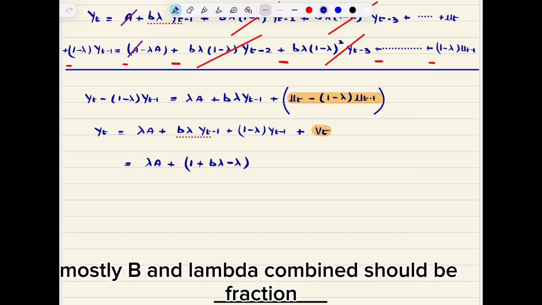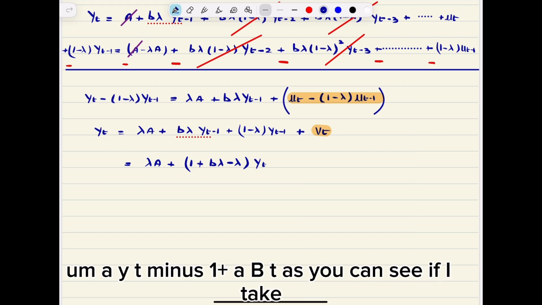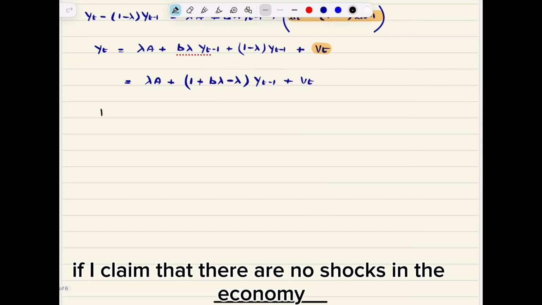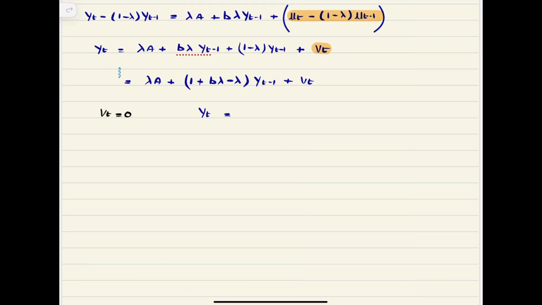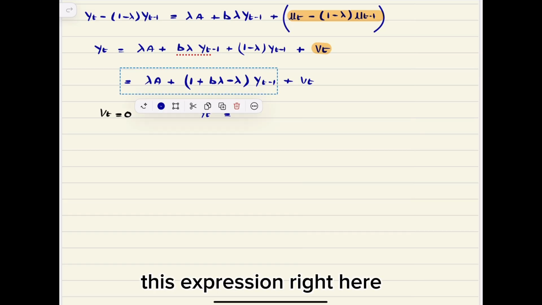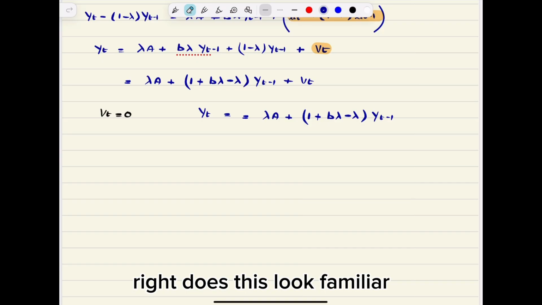Mostly b and lambda combined should be a fraction less than 1, so it's nicer if I write 1 first. y_{t-1} plus a v_t. As you can see, if I claim that there are no shocks in the economy, then my equation becomes y_t equals this expression right here. Right? Does this look familiar?